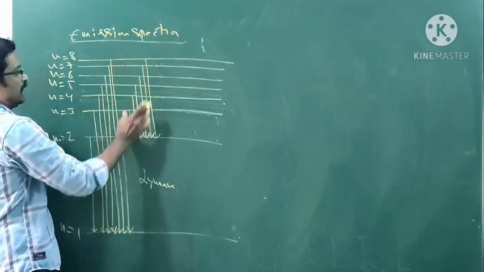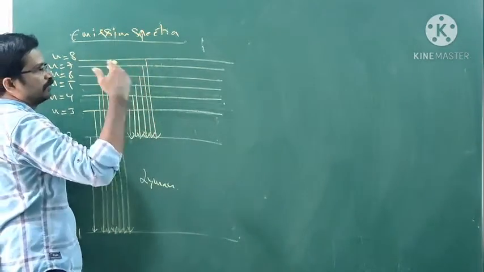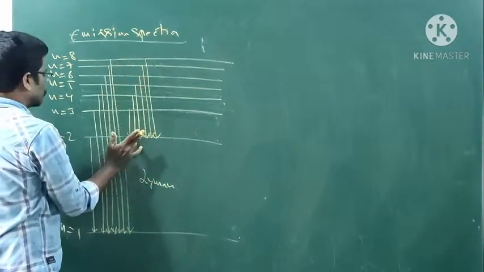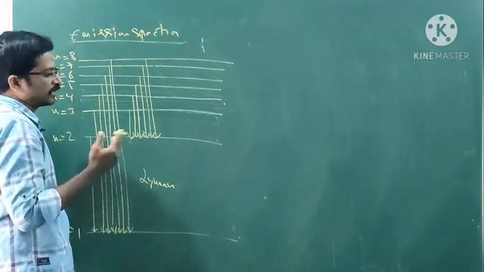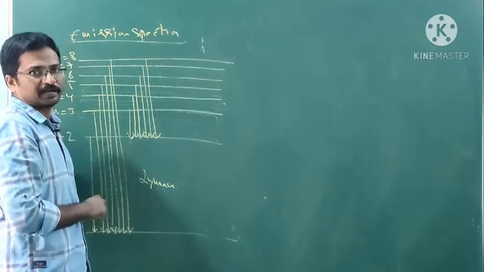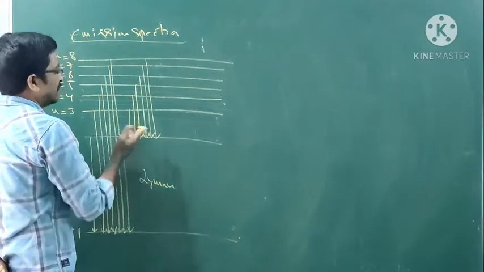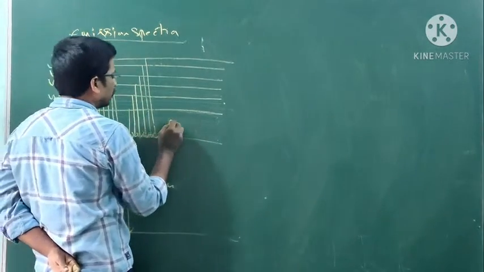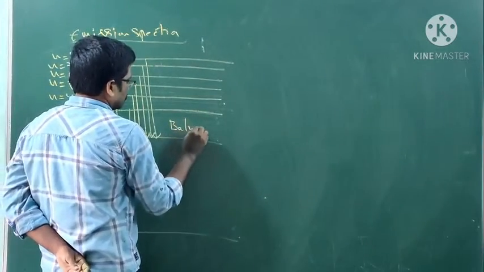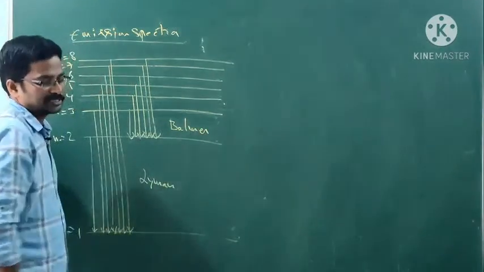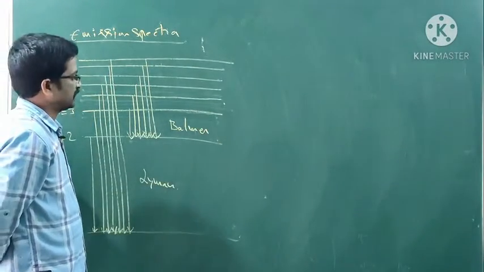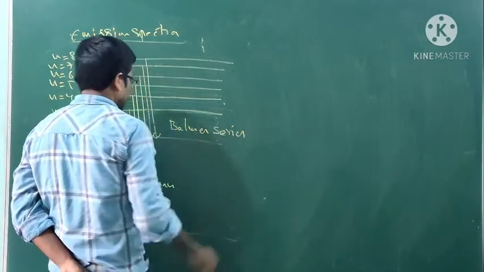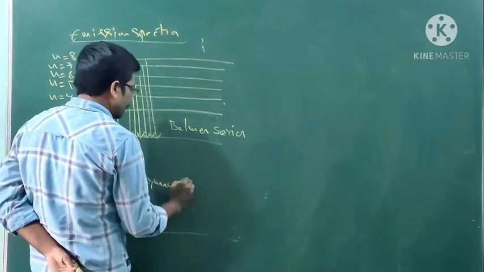Any higher energy level to the second level in a particular atom, you can get the atomic emission spectra for the hydrogen atom. Then these lines are known as the Balmer series. These lines are the Balmer series. These lines are the Lyman series.